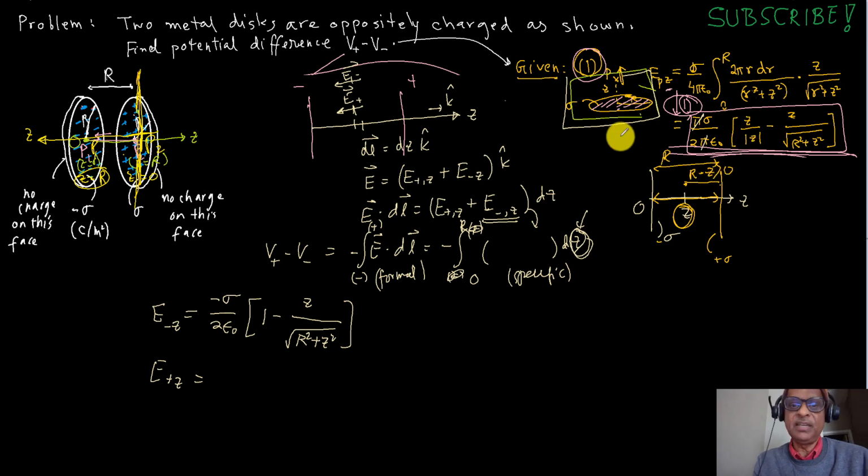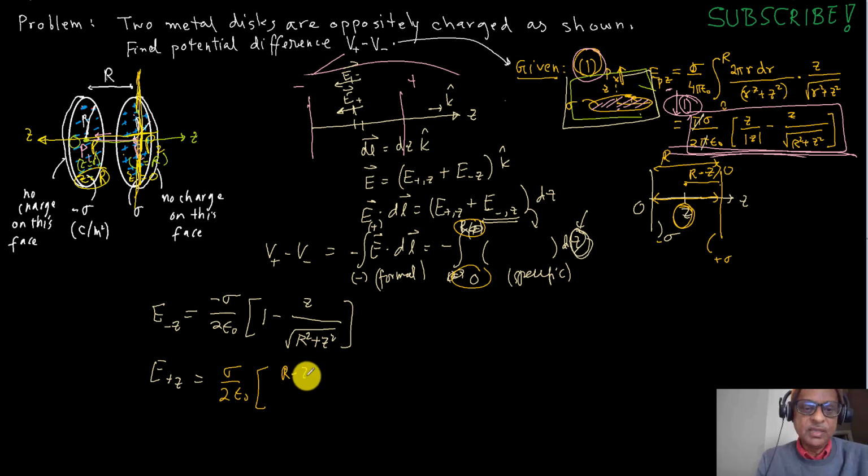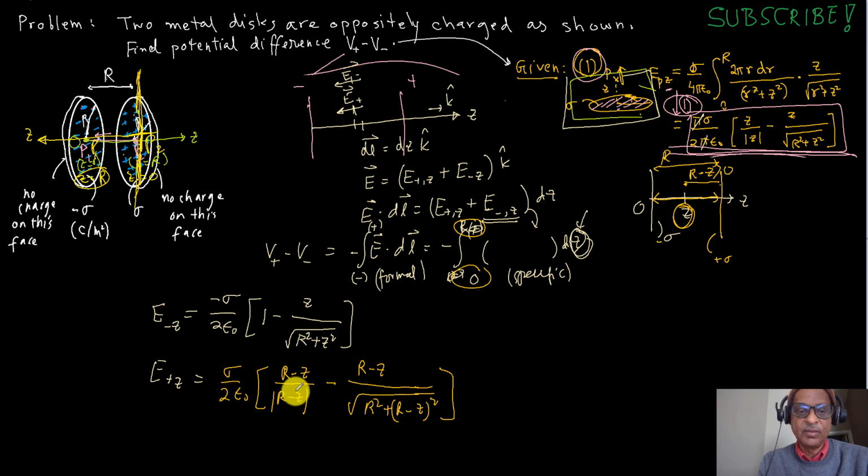The z, when I integrate, is going to be between 0 and r, so it's going to be sigma over 2 epsilon naught times r minus z over the absolute value of r minus z, where z is that distance, and then minus r minus z over the square root of r squared plus r minus z squared. This ratio will be 1, so we can just get rid of it because r minus z is positive, so it's not going to flip and become minus 1.